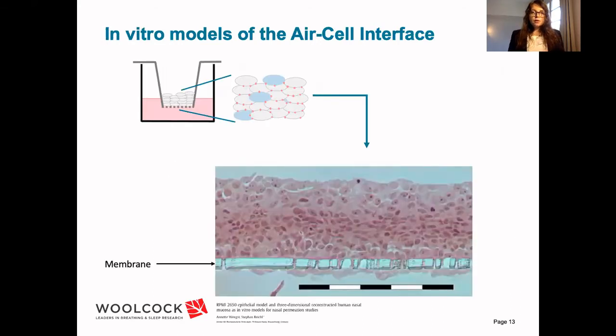So to give you an idea of what this looks like in real life, this is an image from a paper from a German group that used the RPMI cell line as well. And this is an H&E stain of a transverse section of the ALI culture. And what you'll see down here is this semi-permeable support membrane that I was speaking about earlier. So this allows the transfer of those nutrients to the growing cell layer.